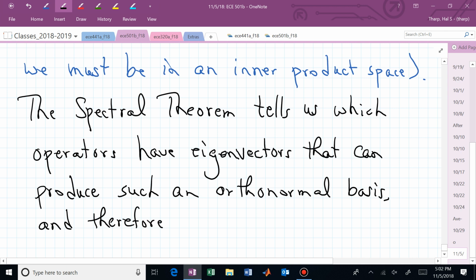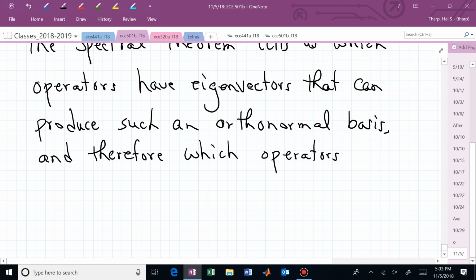And therefore, which operators have a nice diagonal representation.